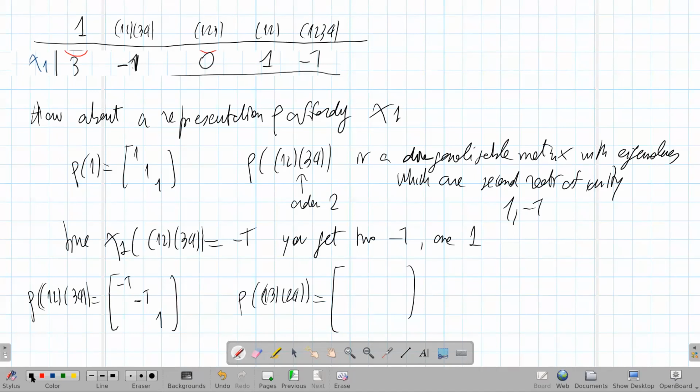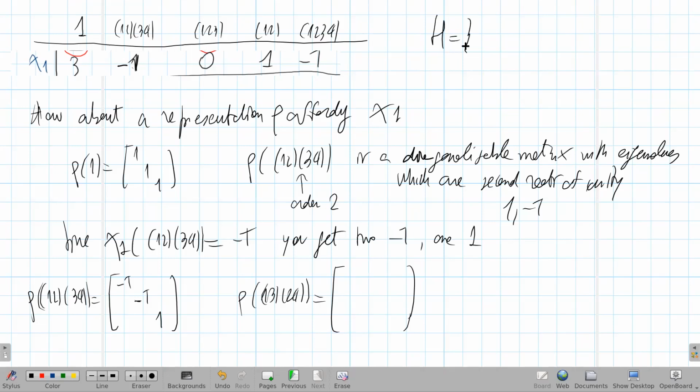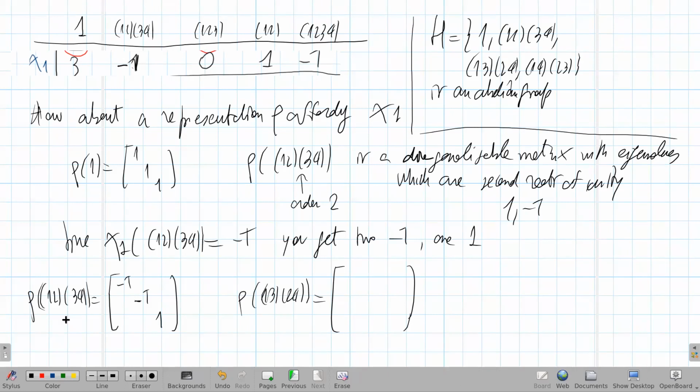Well, okay, there are several things going on here. Let's see, H or V is this group here. It is an abelian group. Remember that groups of order p squared are abelian. So this means that the three matrices that you get by applying rho to these three elements can be diagonalized at the same time.